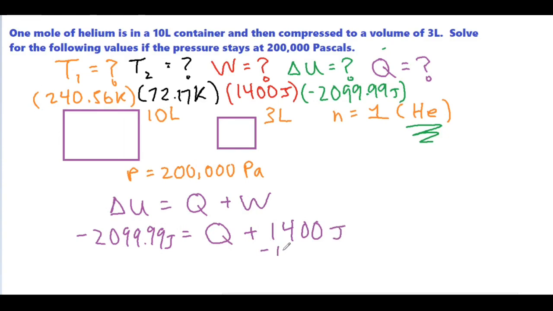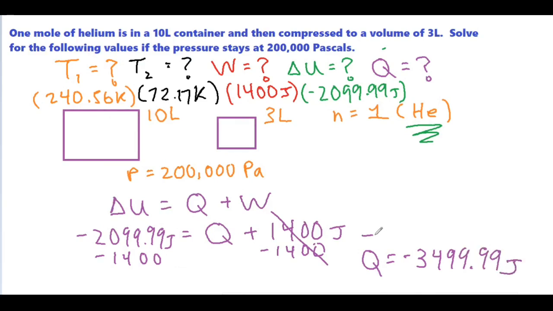So we would just do one step of algebra here, and then we would get a Q value of negative 3,499.99 joules, which means that the system is getting colder, as we already knew, from 240.56 Kelvin to 72.17. That was a significant amount of heat transferred out to the surroundings.